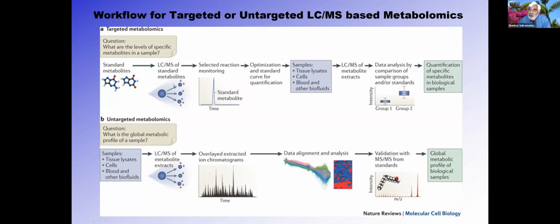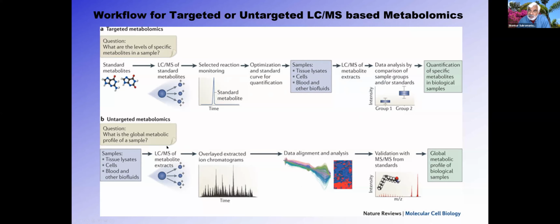You decide a priori that you know 200 metabolites, you have standards for these metabolites, and you optimize for the standards. Then you take your sample, lyse your sample, do LCMS, by now you know what LCMS is, and then you get data and compare, say, two groups, processed with reference to the standard metabolite sample so that you get quantification. So targeted metabolomics often helps you with quantification of your specific metabolites.